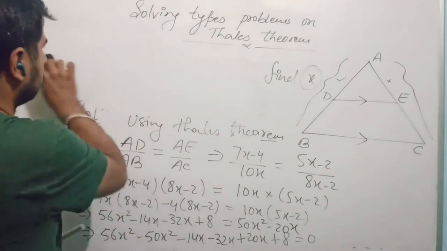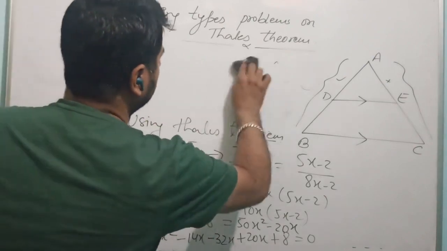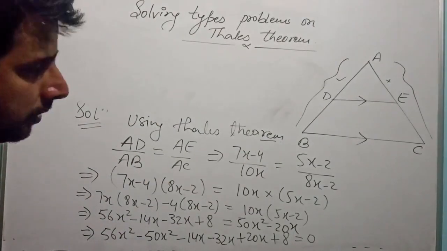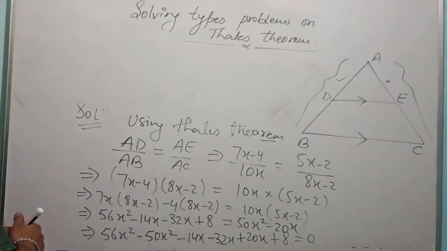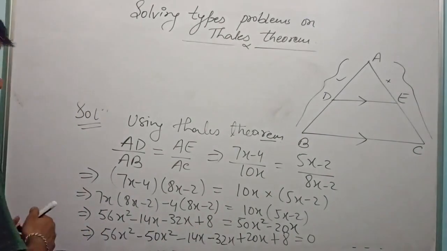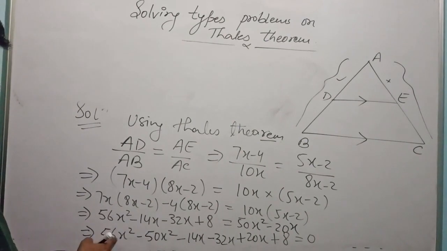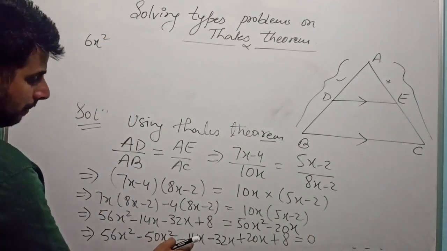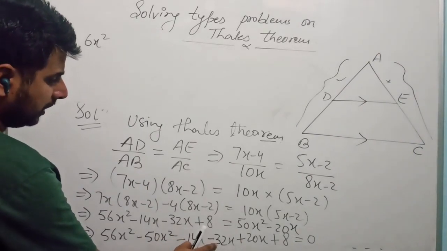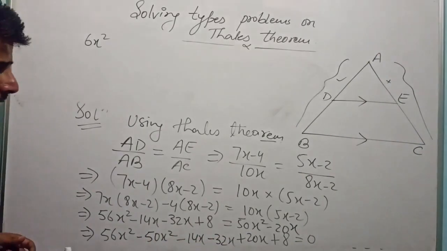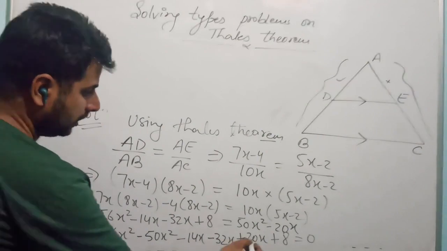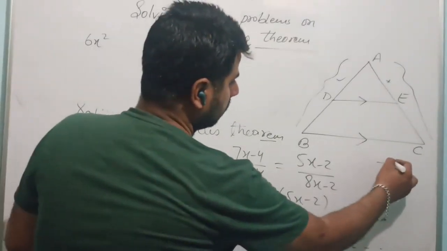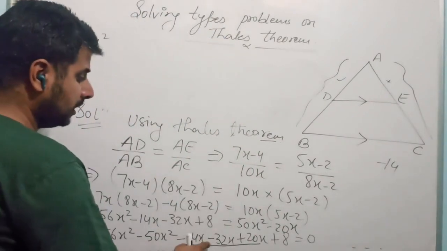Now I'm going to erase the upper part because I have less space to solve. Now let's have a look. Now just solve this. 56 minus 50 will give you 6x square, then minus 14 minus 32 plus 20, right? These three terms are the like terms, so we will not make any kind of mistakes.